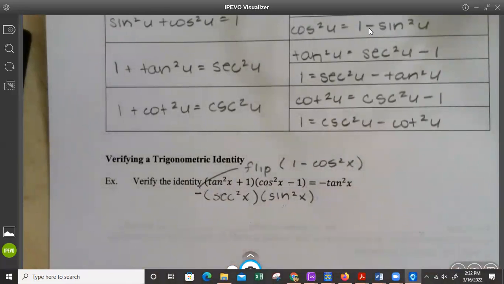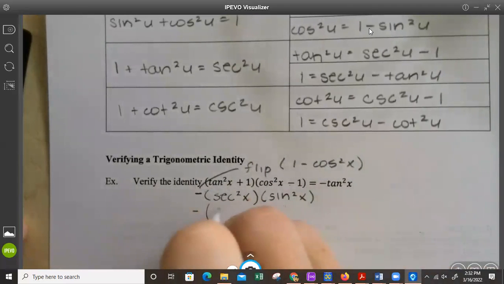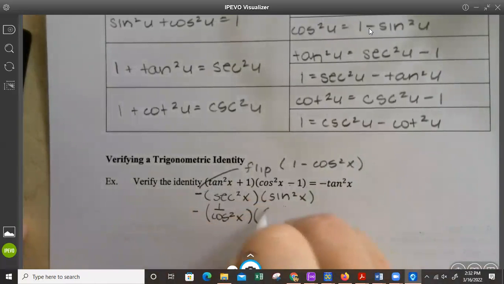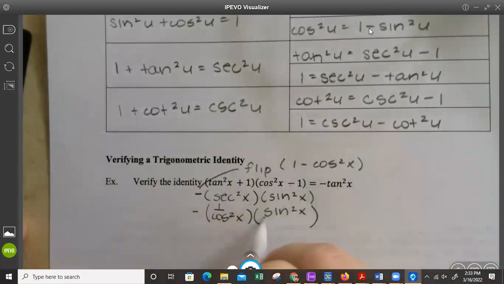Does everybody understand that? What's the hard part about this one? What's the harder function? How do I fix secant? What is secant? 1 over cosine squared x times sine squared x. If we multiply these together, it'd be the same thing as sine over 1.